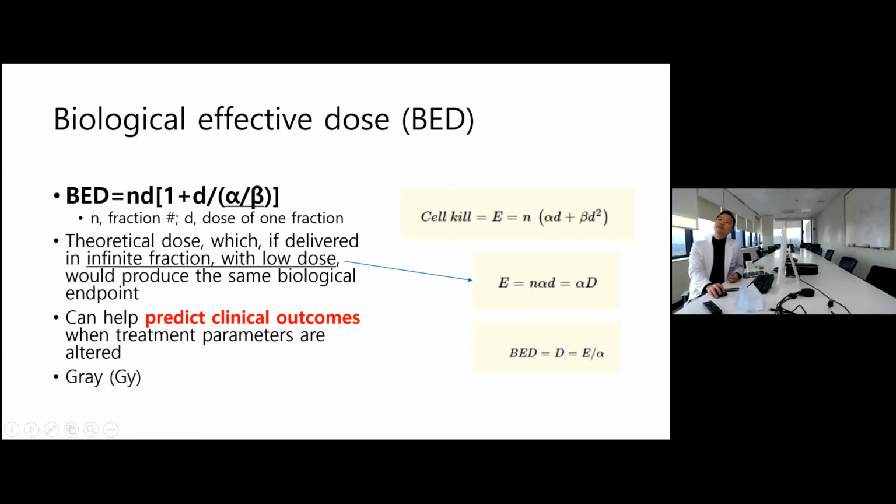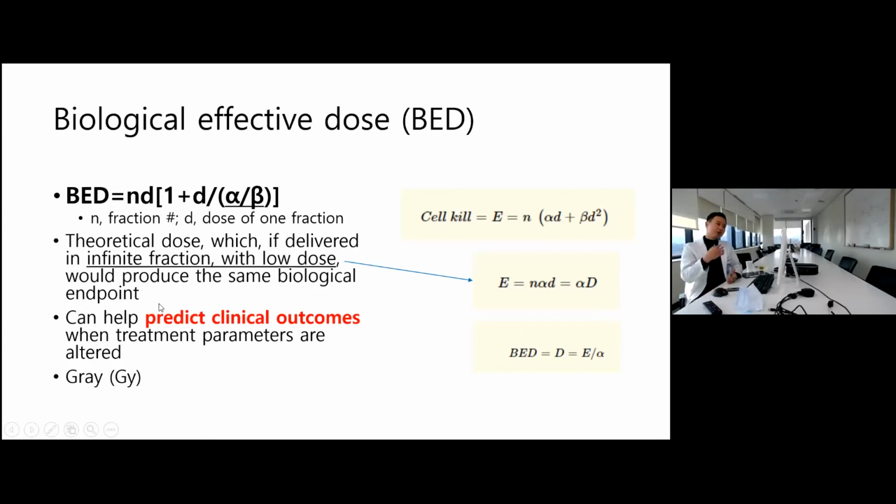So only the alpha d component will be left. BED is theoretically defined as a ratio of cell killed to the alpha. From this equation, you can see this kind of equation can be produced.